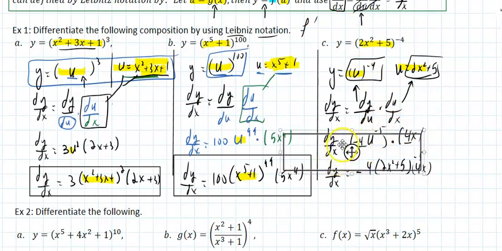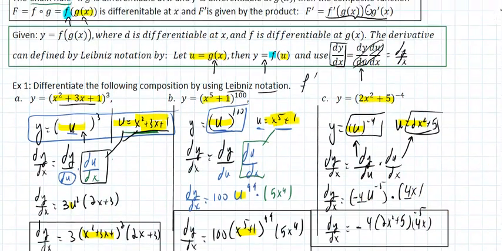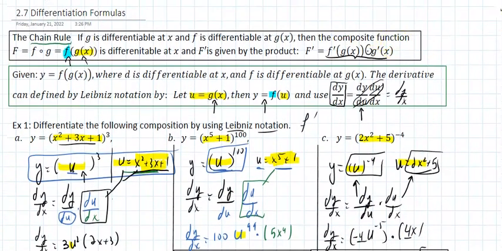And now, if I look back at this, you'll notice I'm taking the derivative of the outsidemost function times the derivative of the inside.